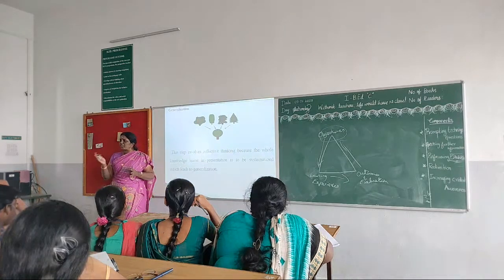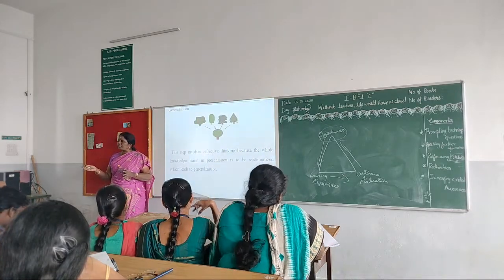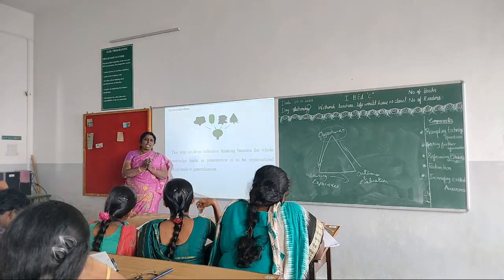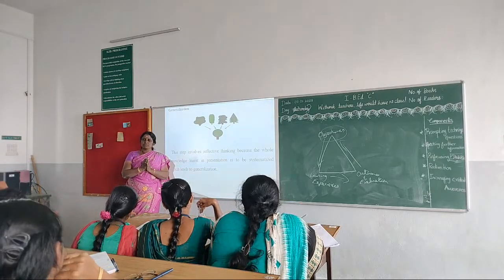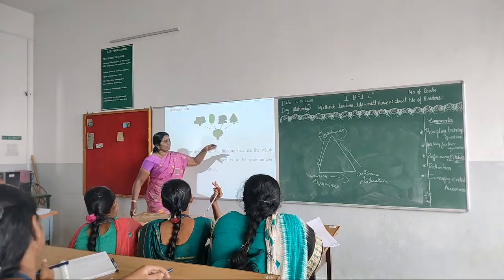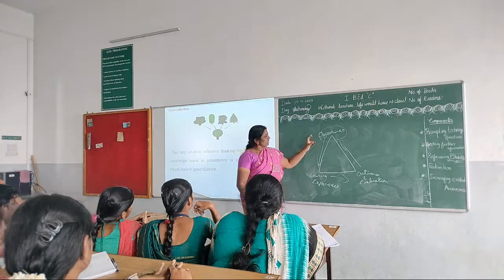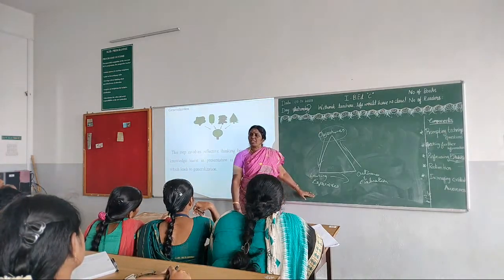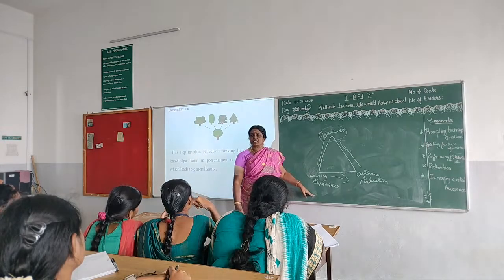Association means you have to differentiate or correlate with the other thing. Generalization means coming to a conclusion and giving them a conclusion. Here, for example, we have defined objectives and we are giving so many learning experiences in the classroom.